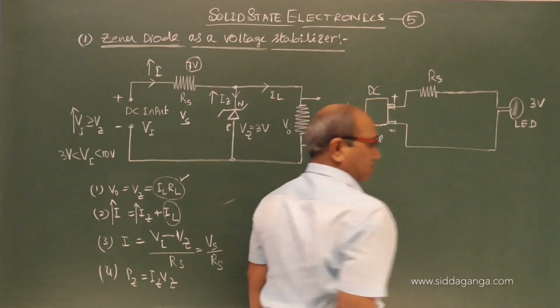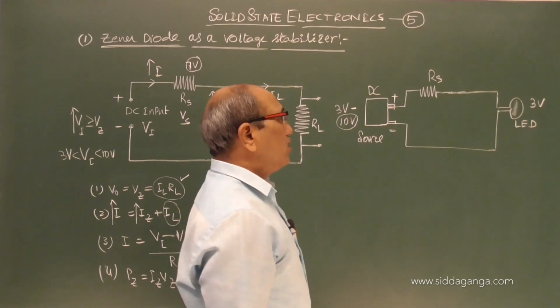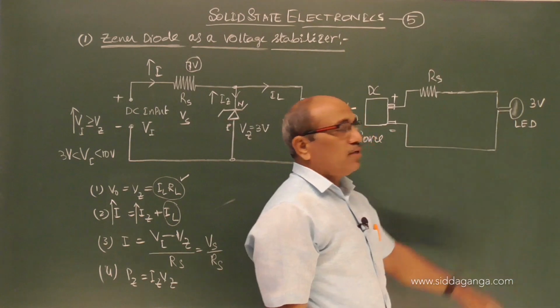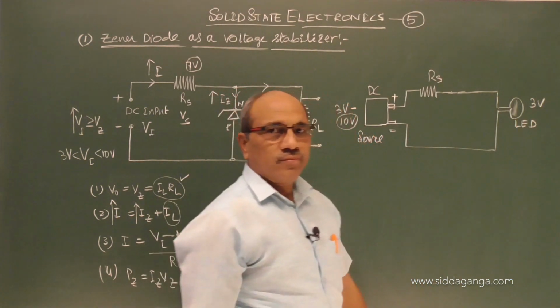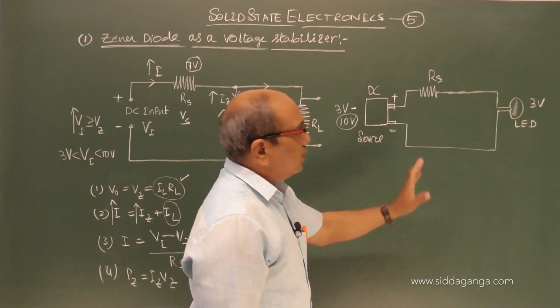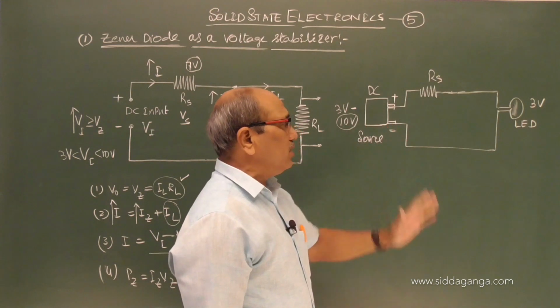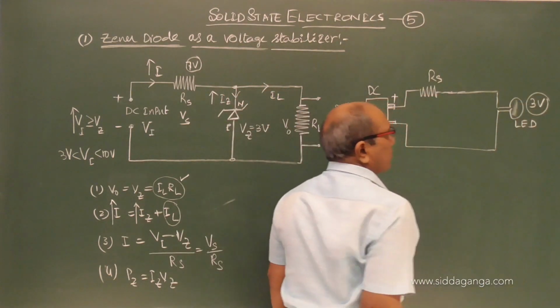What happens when the voltage is 3 volt? No problem, it runs. When the voltage increases and goes to 10 volt, some voltage may be dropped here, but the bulb may go out of order, burnt off. So to protect the bulb and to work at constant output with maximum luminescence, I have to maintain this voltage constant.